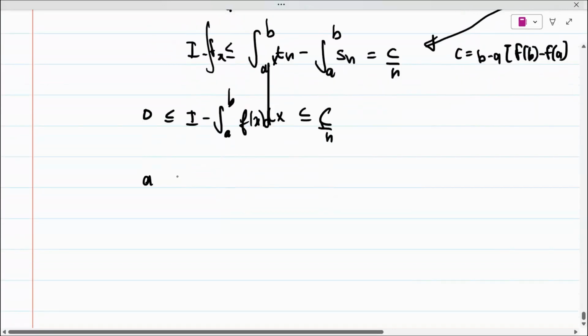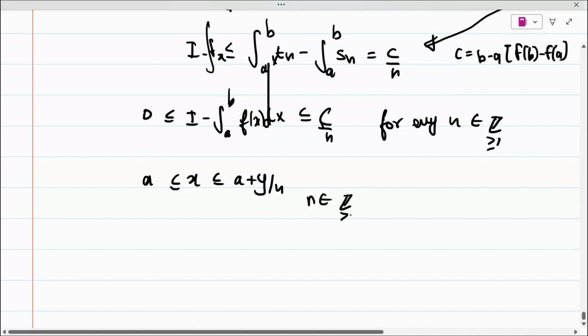Also, we know that this theorem is called, this inequality holds on then x equals a.